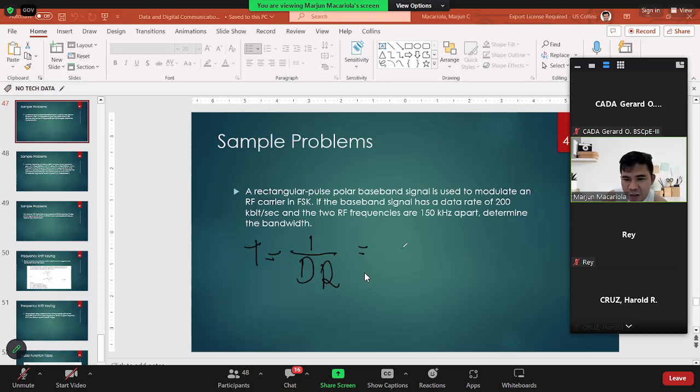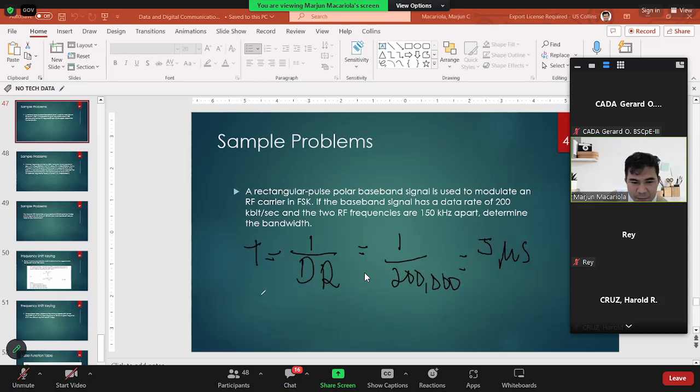So 1 over the data rate, 200,000. So that is 5 microsecond. Okay? So 1 over 200,000 is 5 microsecond or 5 times 10 to the negative 6 second.